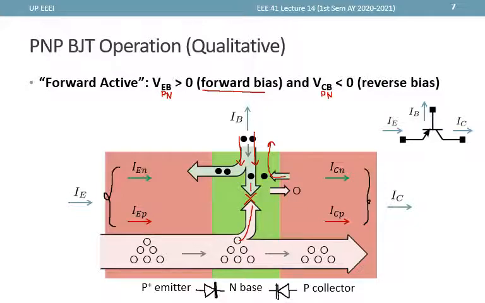So this IB here, for the most part, can be decomposed into these three major components. This flow of electrons here, plus this flow of electrons here, minus this flow of electrons here, but we have to flip the direction since this is the flow of electrons.